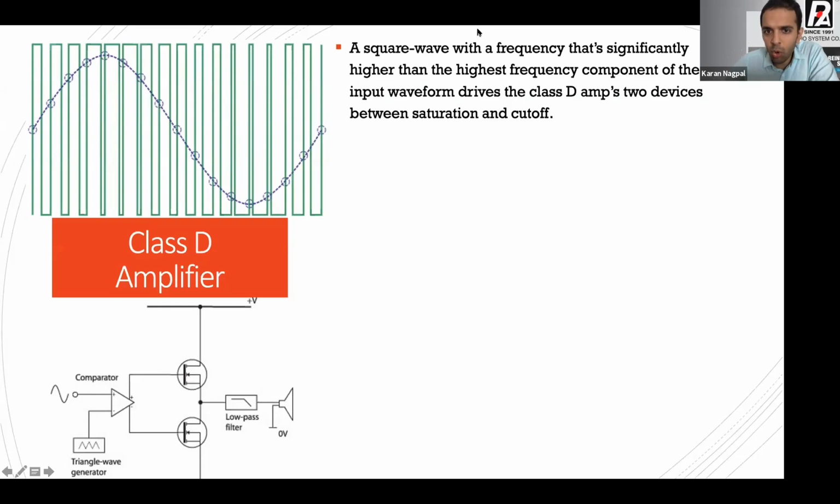And just to go through some points, okay, so it's not necessarily triangular square wave with frequency that's significantly higher than the highest frequency component of the input waveform. तो आपका input waveform का जो frequency उसके comparison में काफी बड़ा frequency हम use करते हैं to generate this a square wave, and it's running between saturation and cutoff.